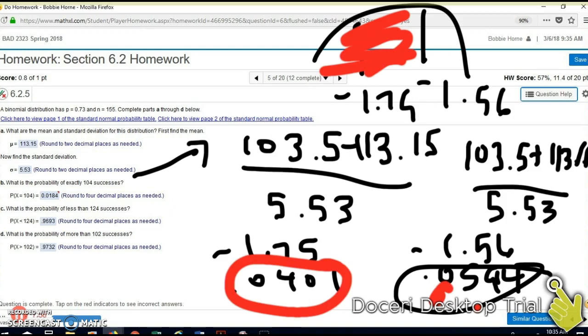I'm going to double check this to make sure. And you get 0.0193. So I obviously didn't go back and correct my number. So double check these and make sure, but it's supposed to be 0.0184. I probably copied a number down wrong. 103.5 minus 113.15 divided by 5.53. I'm checking it real quick.